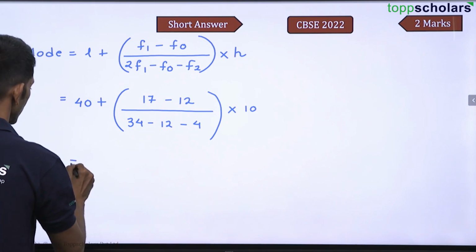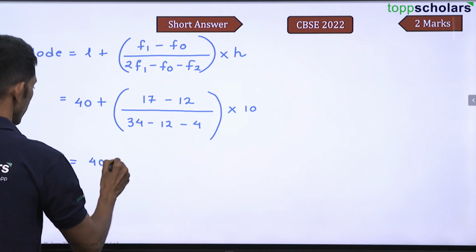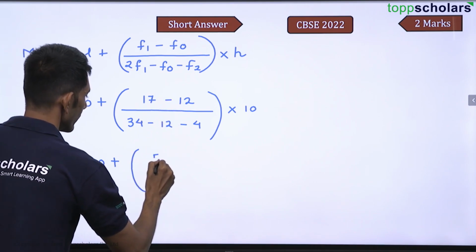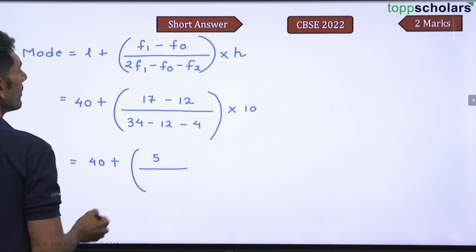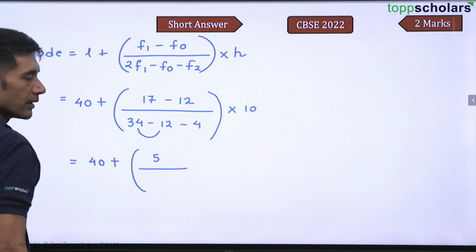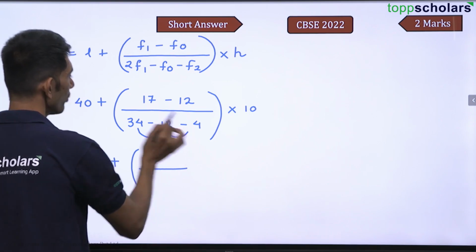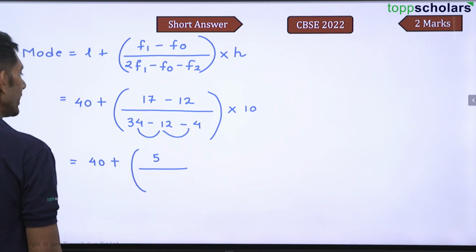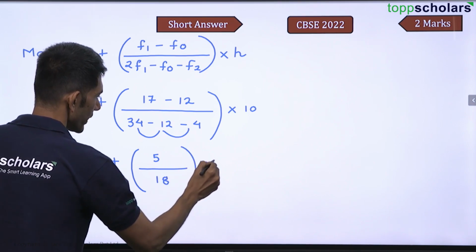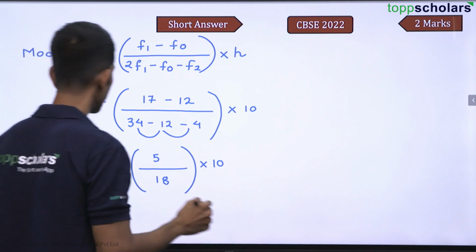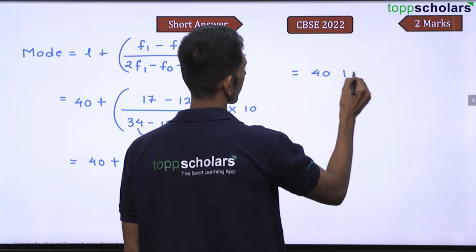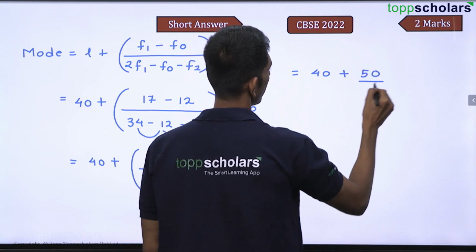So that is equal to 40 plus 17 minus 12, which is 5, divided by 34 minus 12, which is 22, 22 minus 4 is 18, into 10. So that gives you 40 plus 50 by 18.